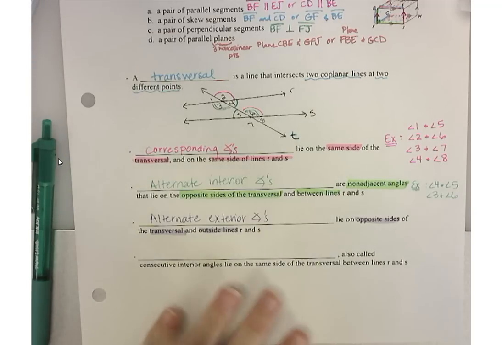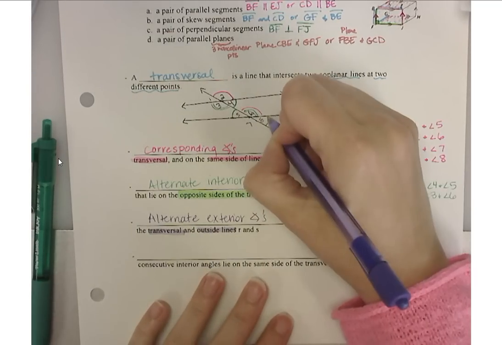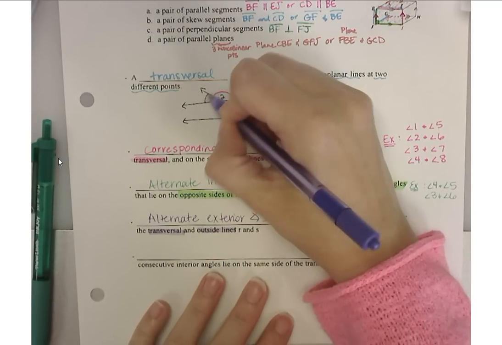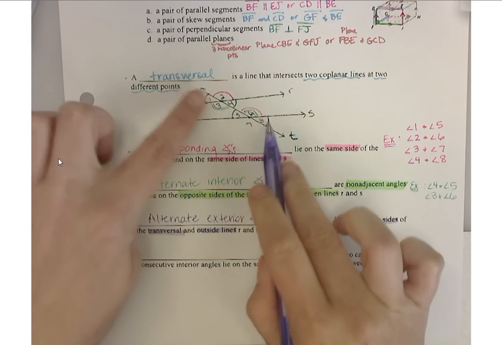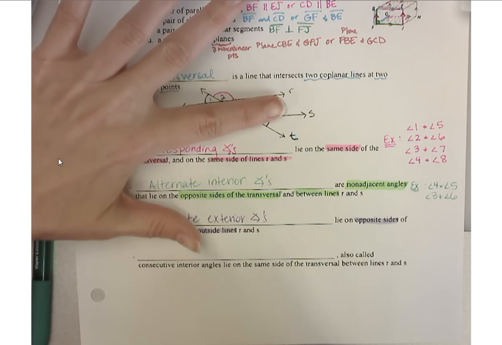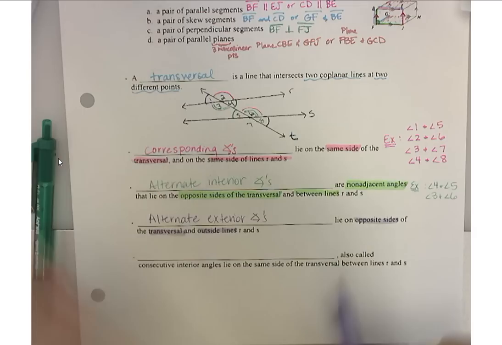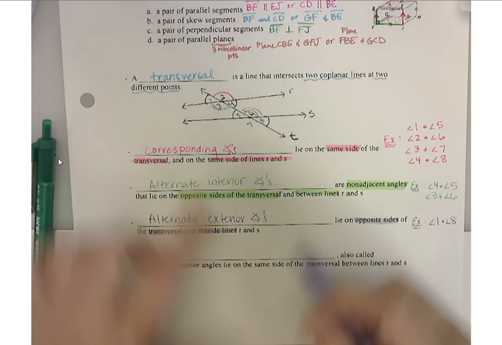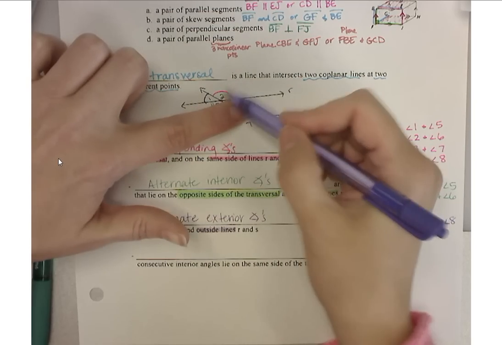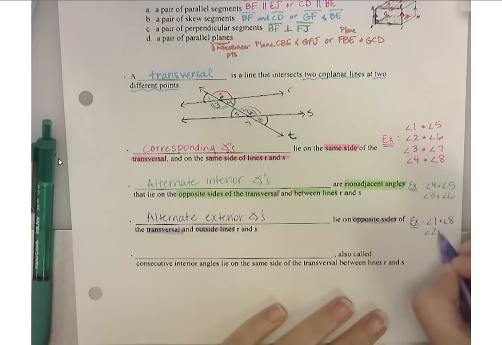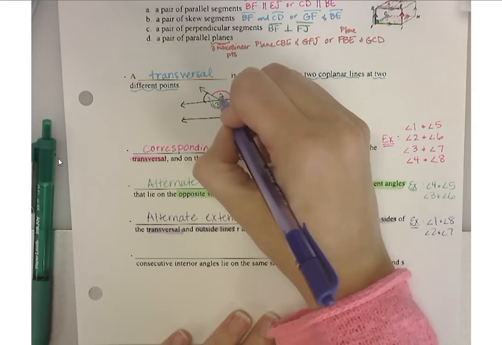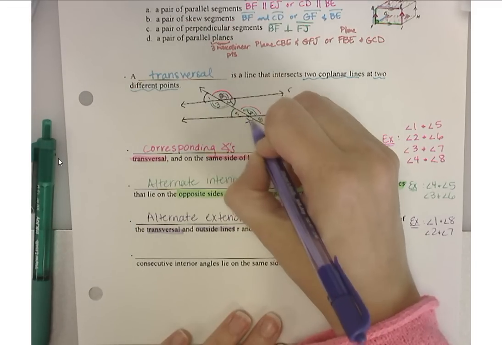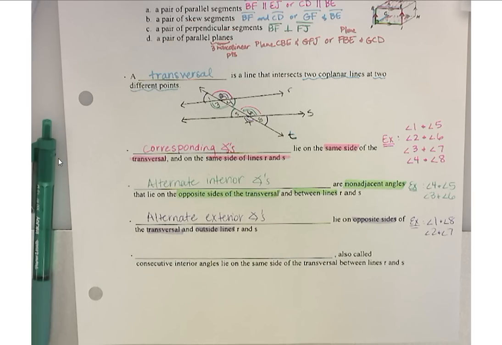So you could have angle 8 and angle 1. So they're on opposite sides of the transversal, but they are not inside those two lines. So angle 1 and angle 8 is one pair. Do you think you can find the other pair? If you're looking on the outside, it would be angle 2 and angle 7. So angle 2 and angle 7 is the other pair.